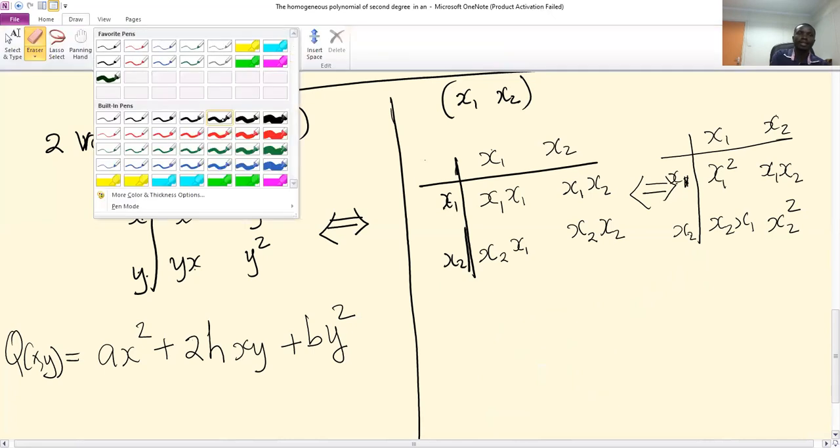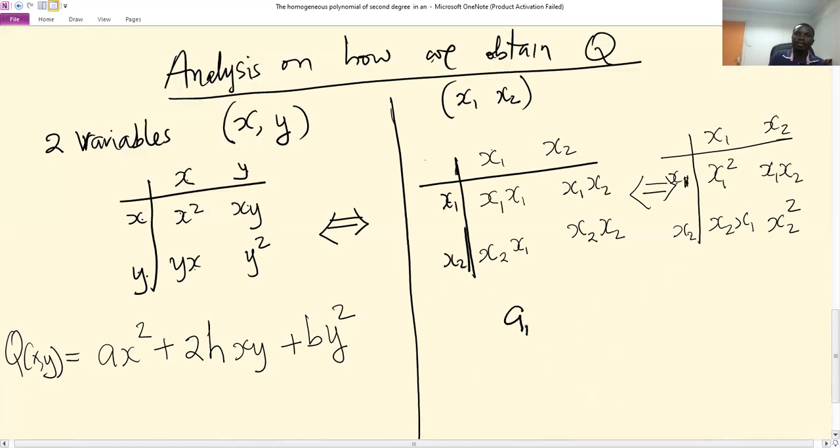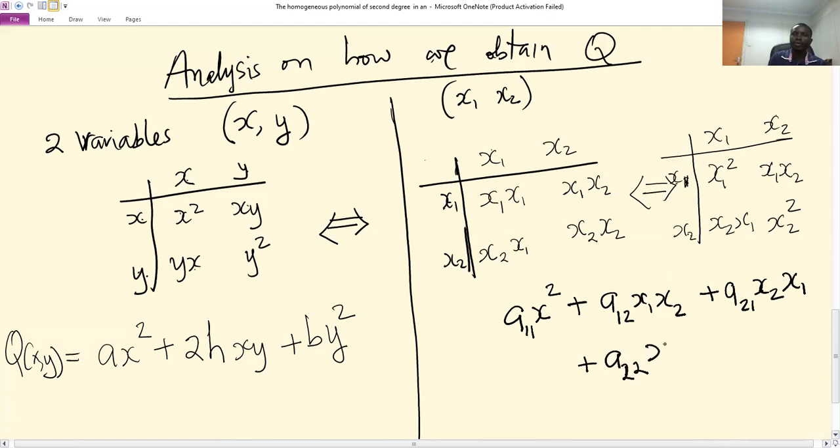We write this as A11 x1 squared, plus A12 x1x2, plus A21 x2x1, plus A22 x2 squared.